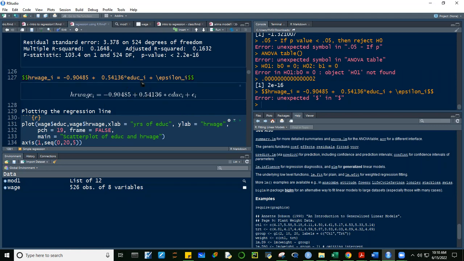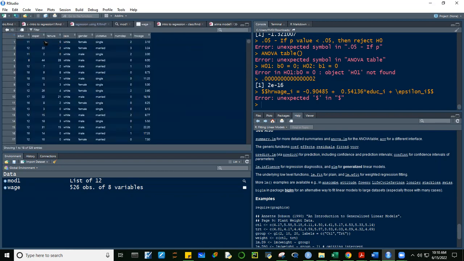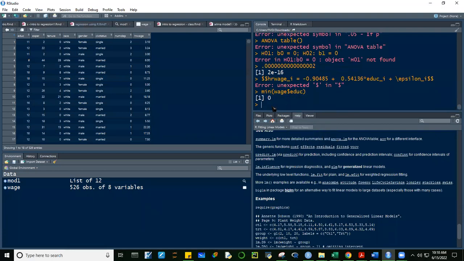No? Okay, so if you take a look at our data, di ba, wage, yung education. Okay, tingnan natin guys kung ano ba yung minimum value ng education. What's the minimum value? 0, no? So meron ding mga respondents dito sa data natin na 0 yung years of education nila.